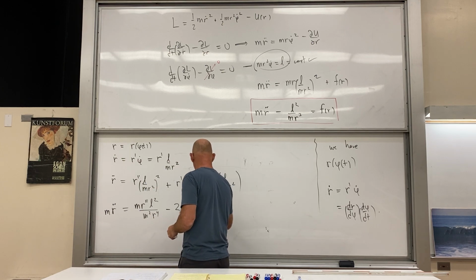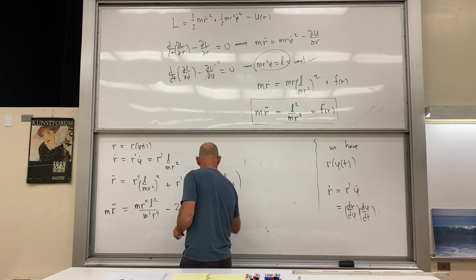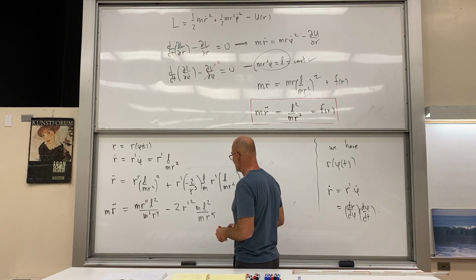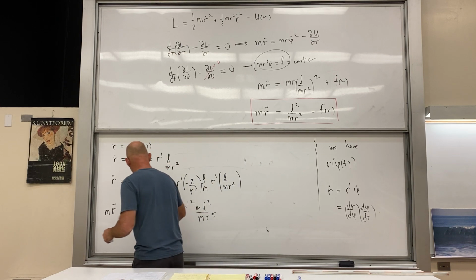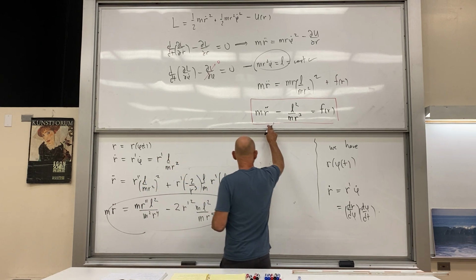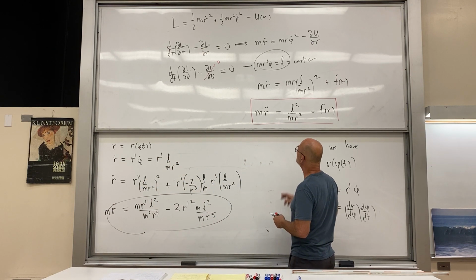What's that? M L squared over m r to the fifth. And this we're going to plug in to this expression right up here.